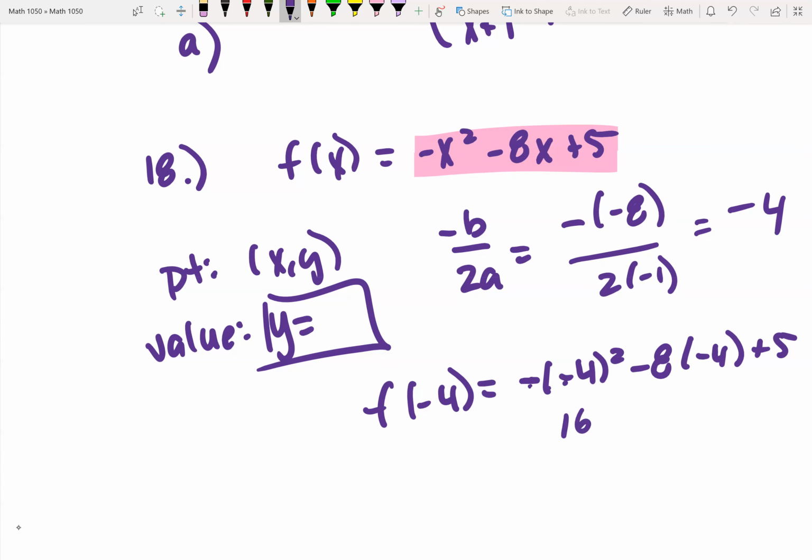That is false. So just use your calculator. Go negative 4, store, enter. Then go negative memvar, enter, x squared, minus 8, memvar, enter, plus 5, hit enter, and you get 21. So your answer is y equals 21.